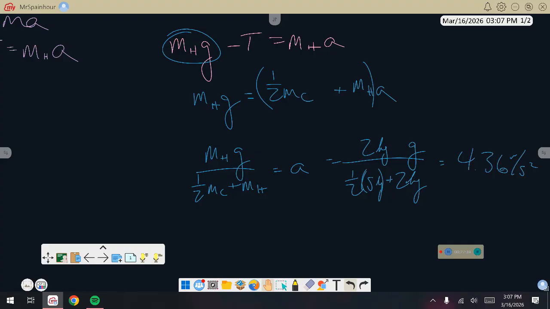That being said, an arguably easier question would have been this: instead of mass hanging, what happens to your acceleration if mass spinning, or mass of cylinder, goes up? Decrease. Why? Okay, mathematically, agreed. So physically, why?